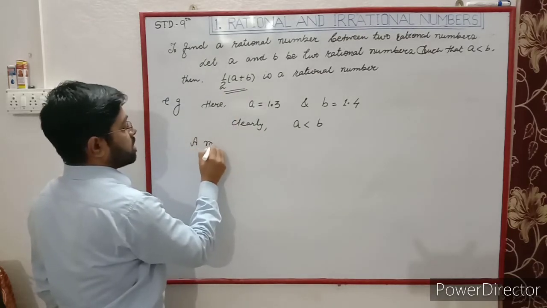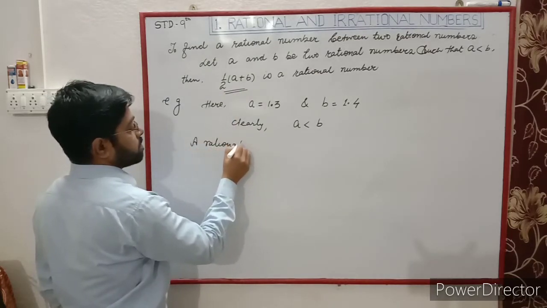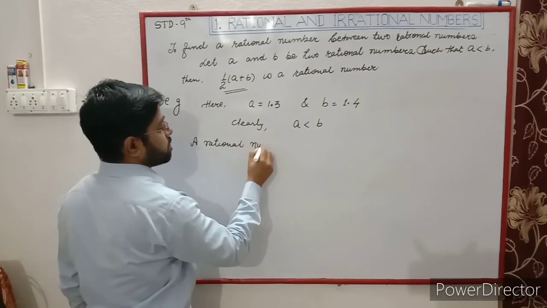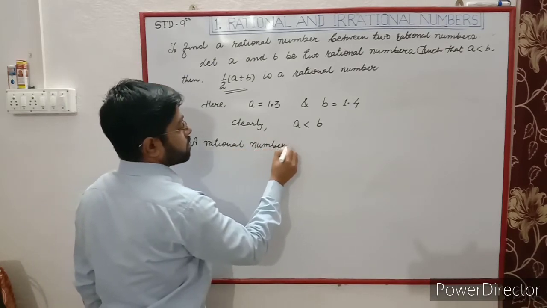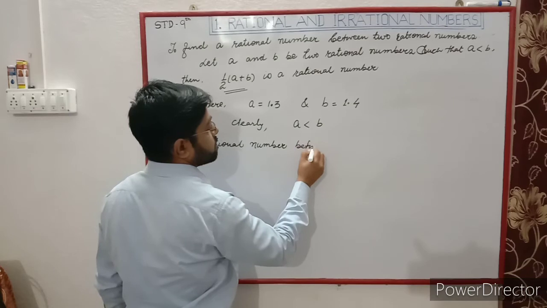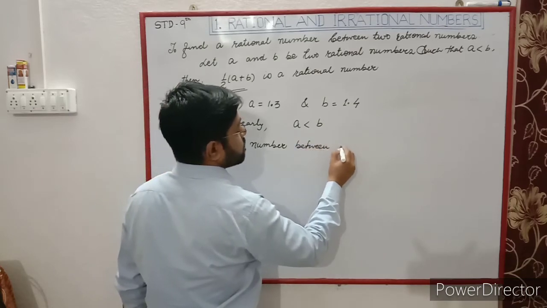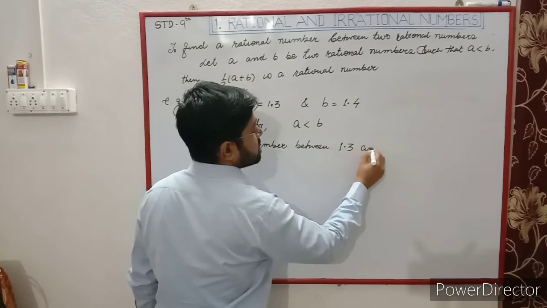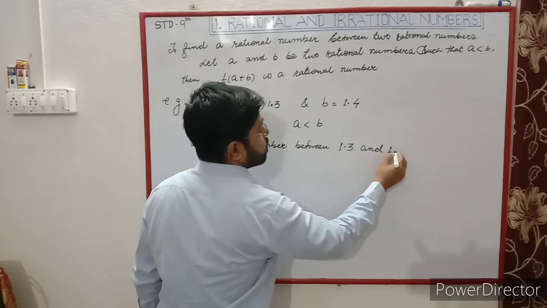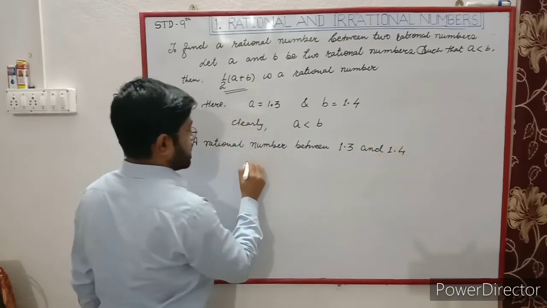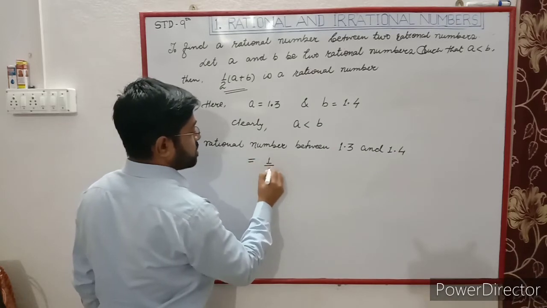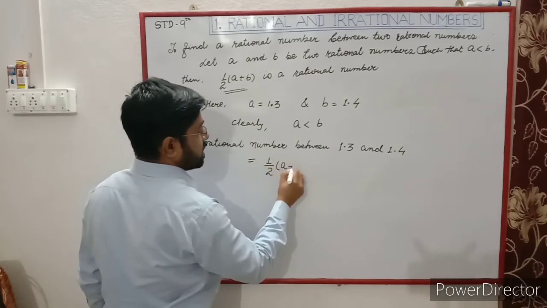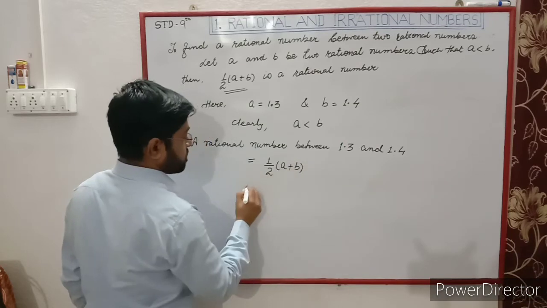A rational number between 1.3 and 1.4 is equal to 1 by 2 multiplied by A plus B.